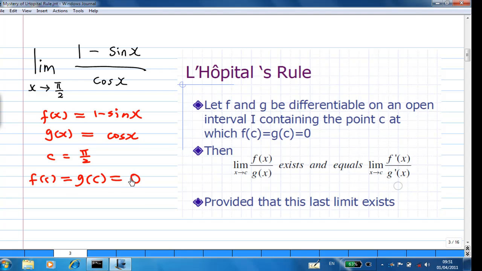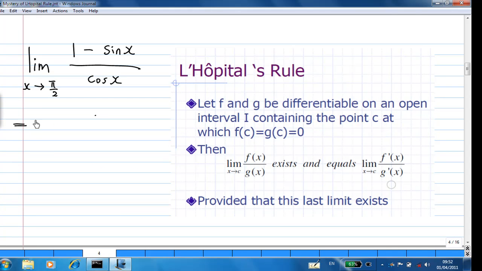So using the L'Hopital rule, I need to find what is f prime of x. F prime of x, to differentiate 1 minus sine x: differentiate 1, you get 0. Differentiate sine x, you get cosine x. So this is negative cosine x. Now g prime of x, differentiate cosine x, will give you minus sine x.